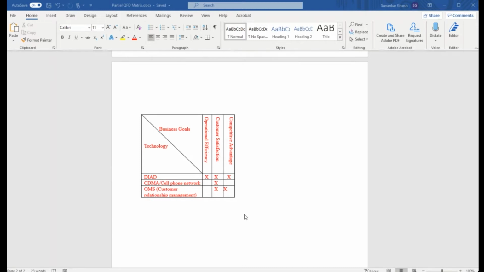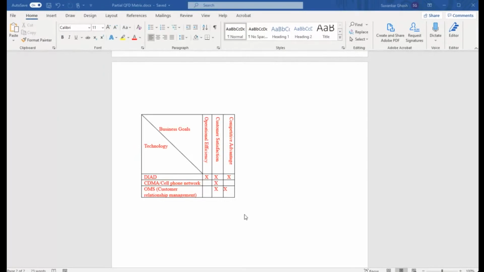You can also put, notice I didn't actually begin with revenue and profit. You can certainly put those there. But as I was mentioning, often it's very difficult to bring out a direct connection between some technology and the impact on revenue and profit. Those are corporate performance goals.